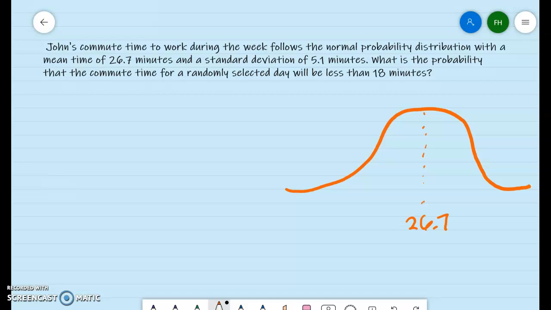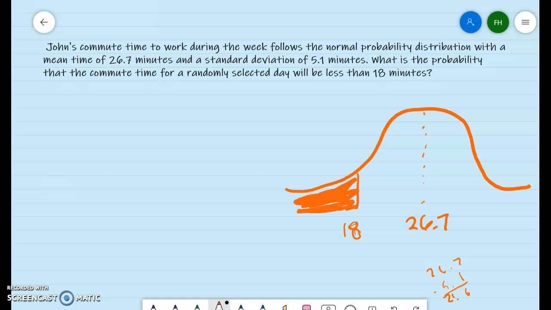Well, 26.7 minus 5.1 would be 21.6. So 18 is a little bit over one standard deviation away. I'm just going to put it right here. Oh, 18, sorry. So less than would be to the left.